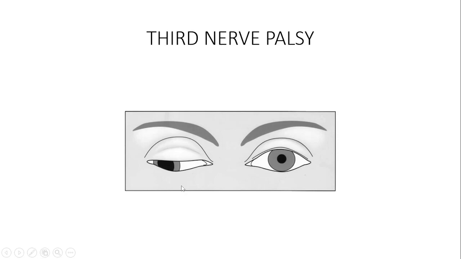The other way is that when you shine light into the pupil, in this case, the pupil will be normal size because it hasn't had the hours and days that it needs to affect the parasympathetic pupillomotor fibers. So the pupil will still have normal size, but once you shine light into it, it will not constrict. It will not constrict at all.